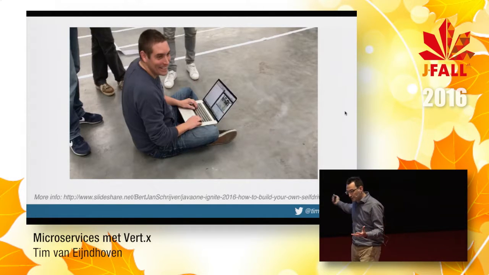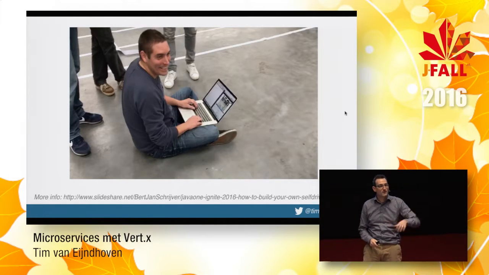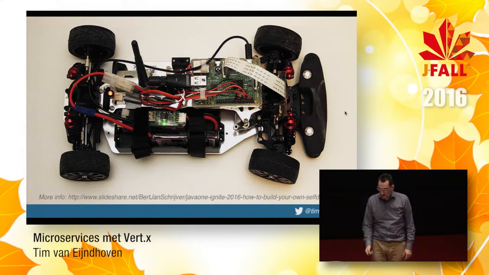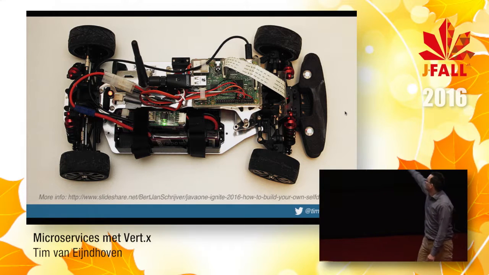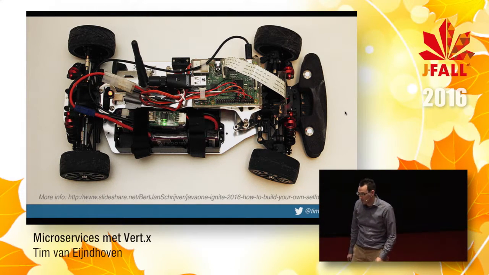We chose Vert.x because it allowed us to run this computer vision vertical on a different system than the Raspberry Pi that's on the car. On the bottom here, there's a link to a slide set if you want to know more about what we actually built on the car.